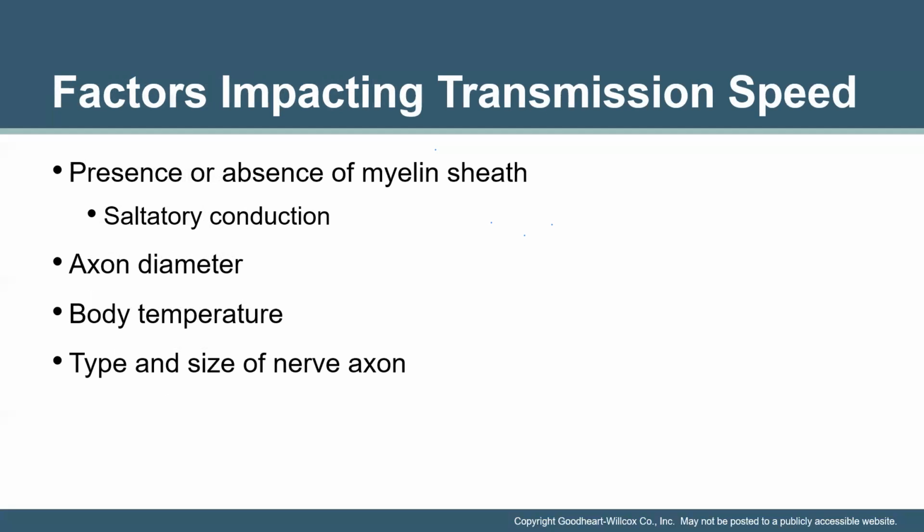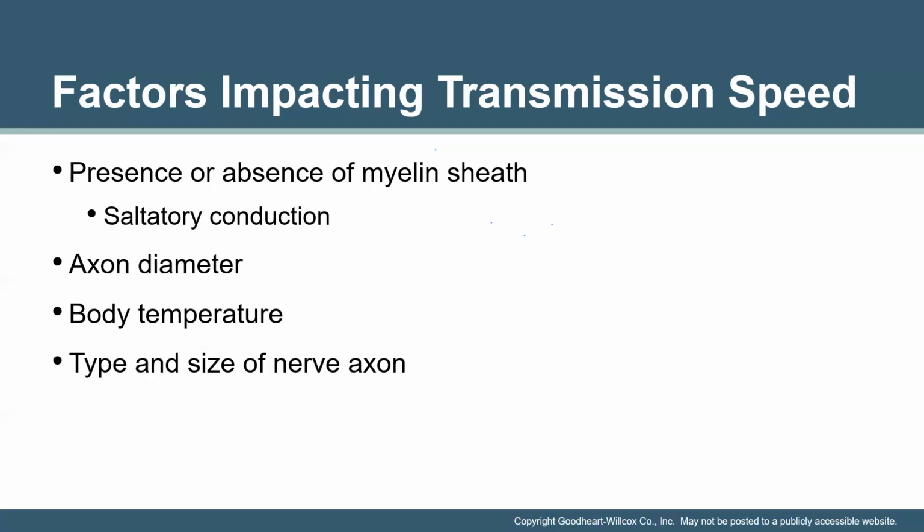When we talk transmission speed, some things are going to impact that. The presence or the absence of the myelin sheath will have a play in this, as well as the diameter of the axon. The sheath, again, is the electrical insulator.